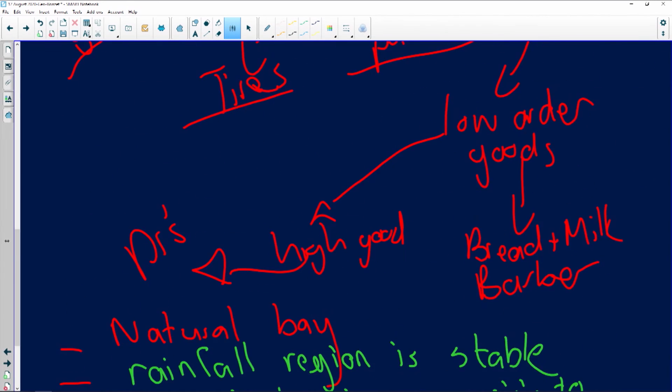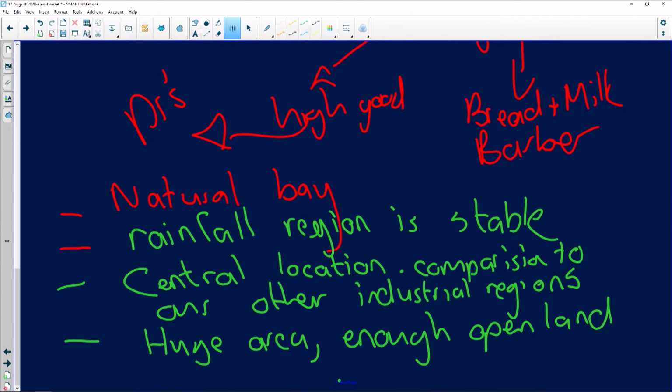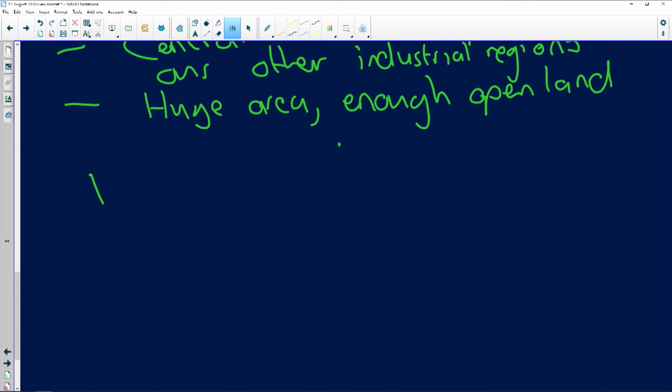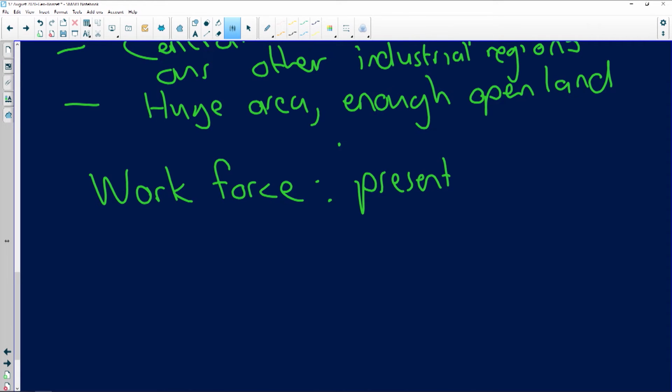There's enough people to be able to do the job, and I want to write down there: skilled, semi-skilled, and unskilled. Okay, there's a workforce present, very important.